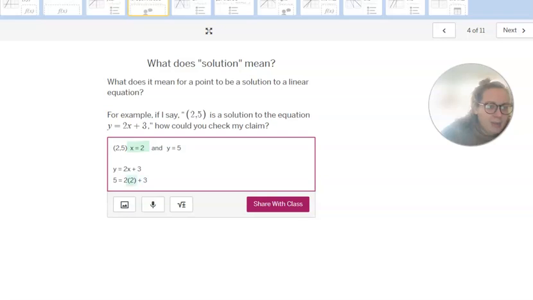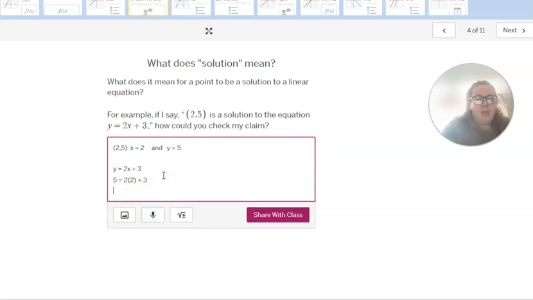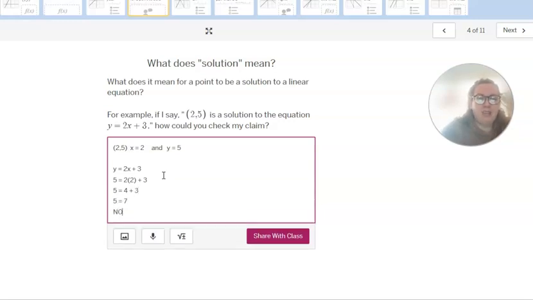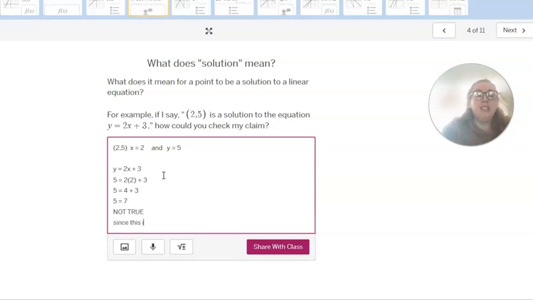Right, x is 2, so wherever I saw an x, I put a 2. Y is 5, so wherever I saw a y, I put a 5. Okay? Great. Now we simplify. 2 times 2 is 4. 4 plus 3 is 7. This is not true. So since this is false, it is not a solution.